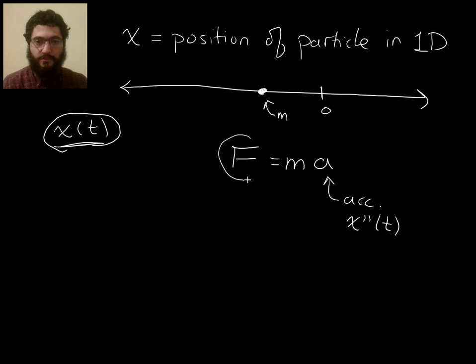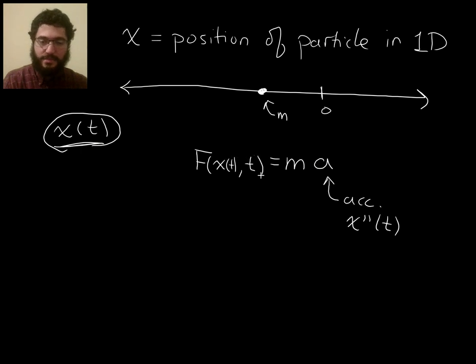Now, the force, I didn't really say what the force is, because that depends on the particular setup you have. Maybe it's gravity or electric force or something. Let's just assume that the force is something that possibly depends on where the particle is, and maybe it has explicit dependence on time also.